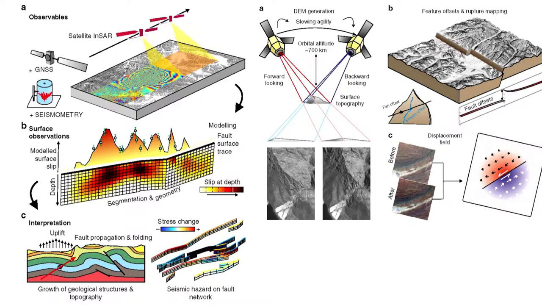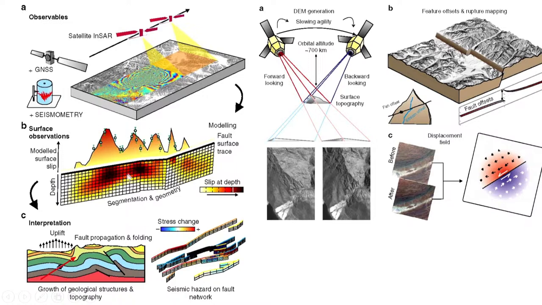We can decompose this line of sight velocity into north-south, east-west, and vertical components. Once we decompose, we can get an idea of where vertical velocity is more accurate in SAR than horizontal velocity. We can use this information along with GPS to characterize the region for future seismic hazard.